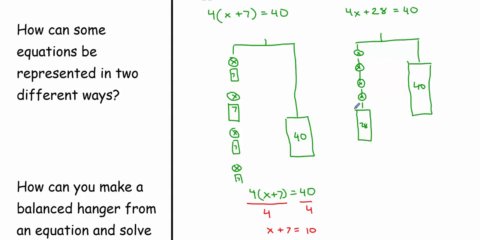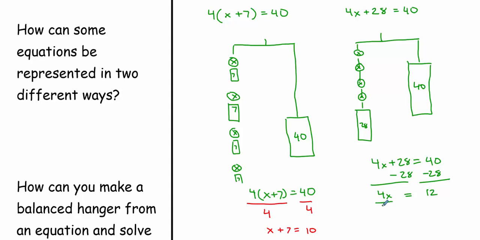And on this side, same thing. It's the same equation, except we have 4x plus 28 is equal to 40. We subtract 28, oops, that's 40, and subtract 28. So we get 4x is equal to, what is that, 12?